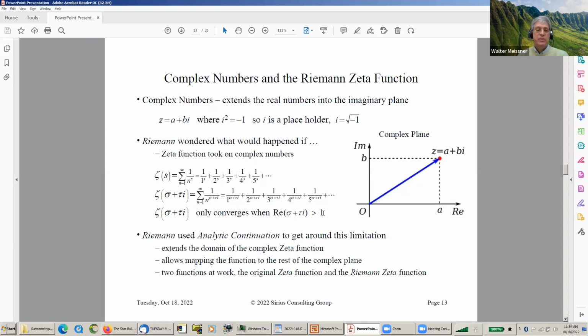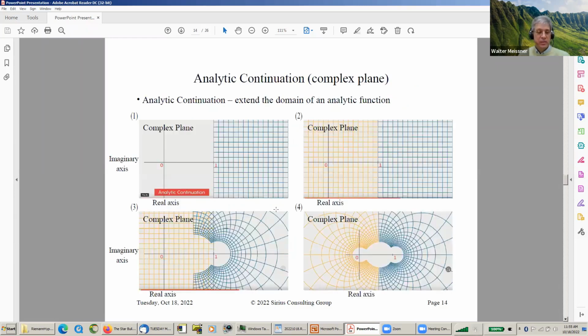And there's really two functions that work, the original zeta function and the Riemann zeta function. And here's a diagram of how you go about doing this from a visual point of view. In the upper left, which is diagram 1, you have the complex plane, and you have a grid from 1 going to the right.